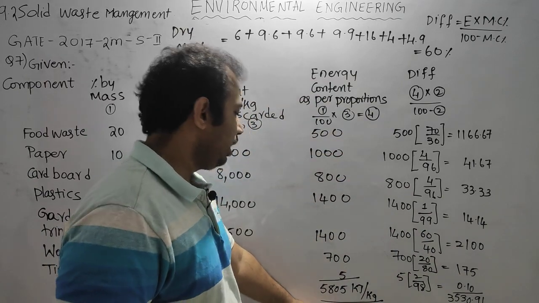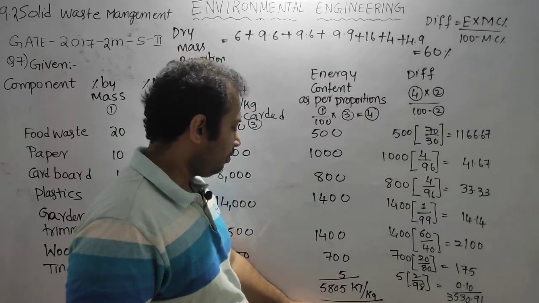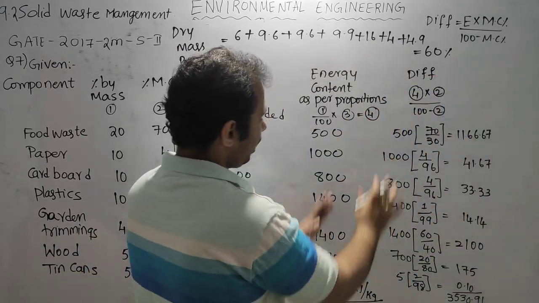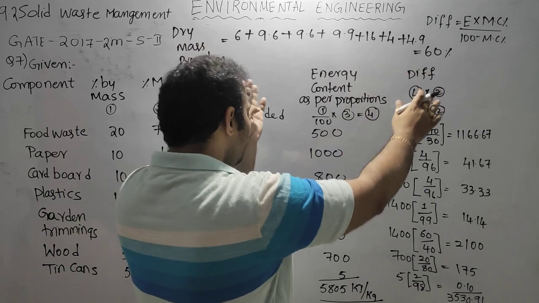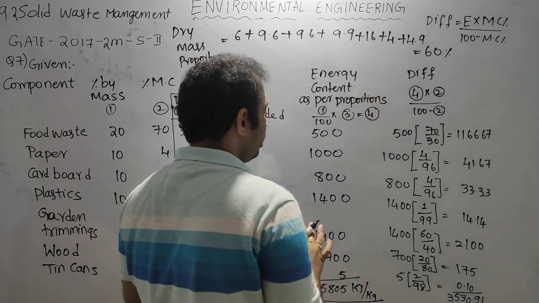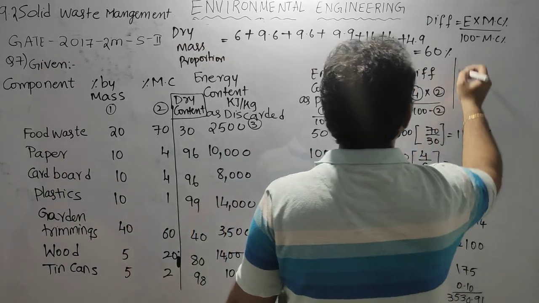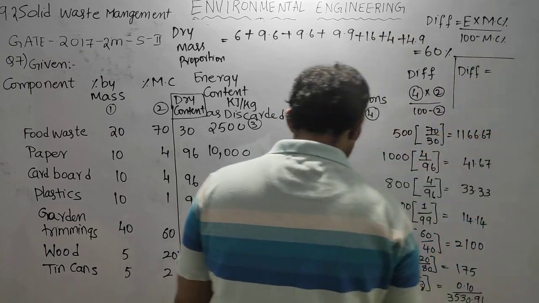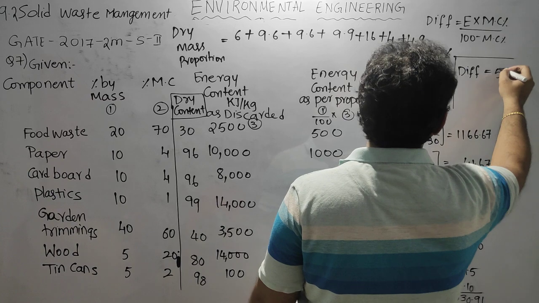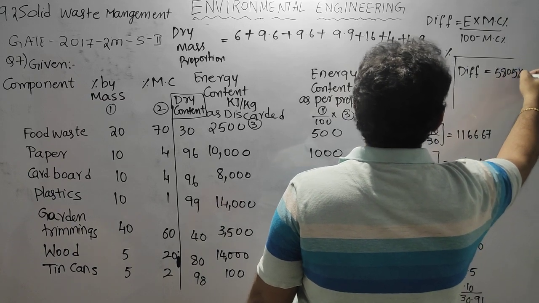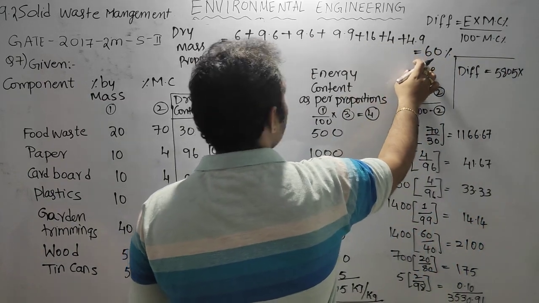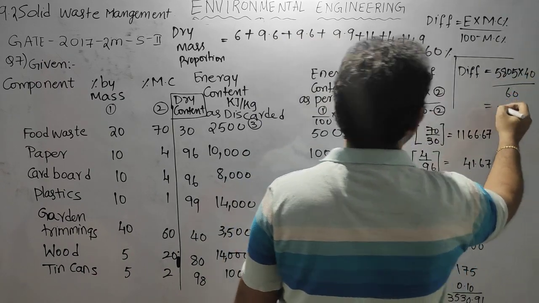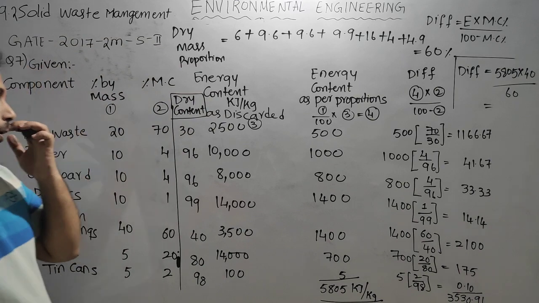You can do it directly from here also, all together at a time. I am taking uniform values and not taking them separately. Now the energy is 5805. If 60 is the dry weight, then the moisture is 40 by 60. Simple. The answer is 5805 into 40 by 60.